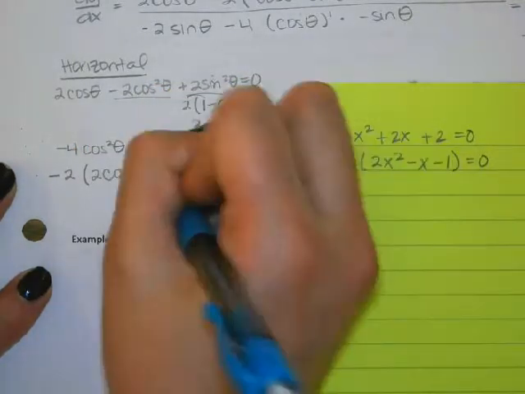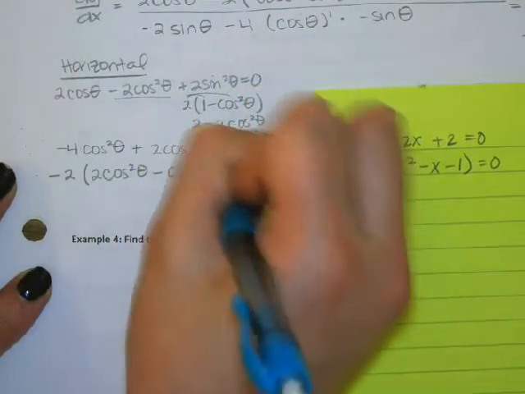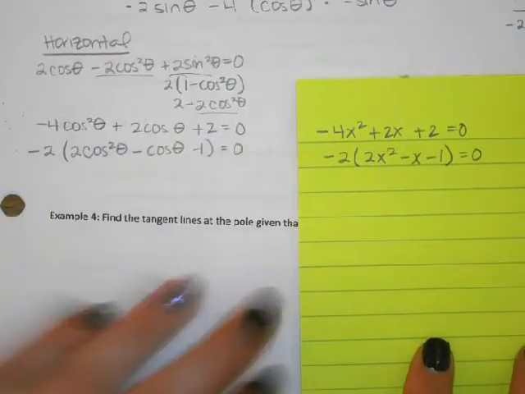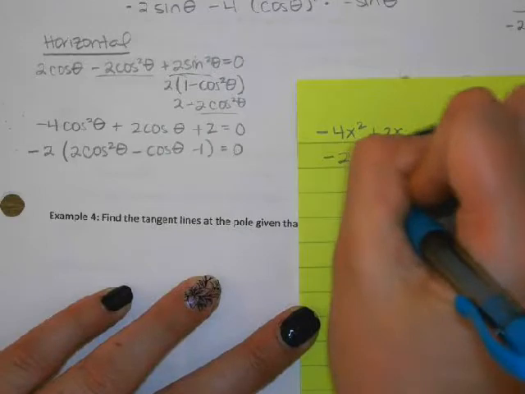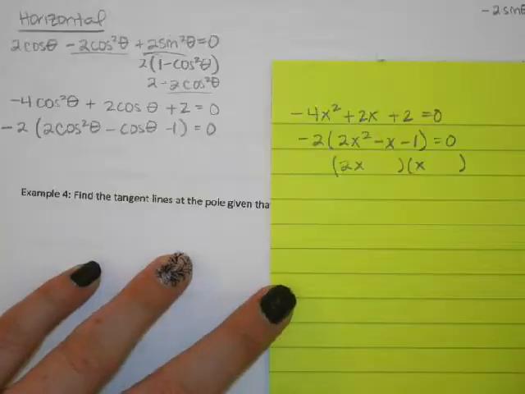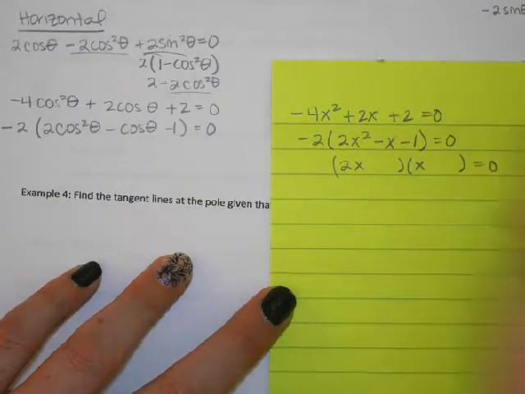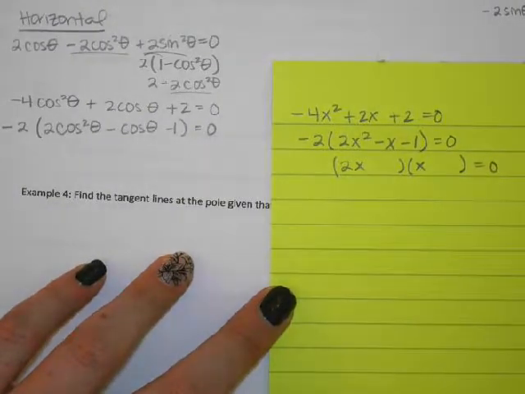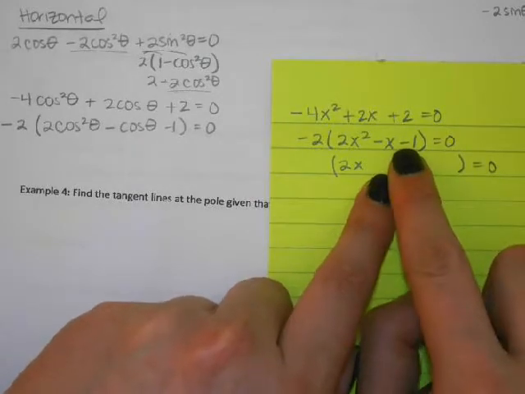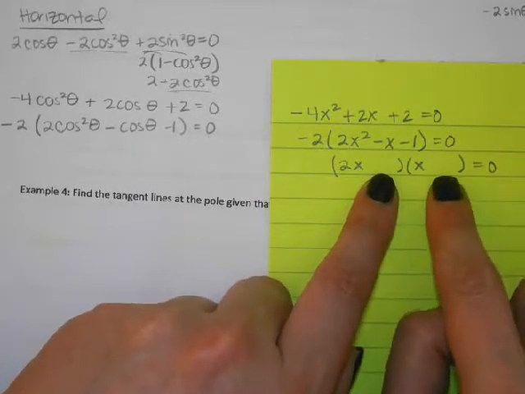Squared minus. That's a good question. And then we would know that if we were factoring this, we'd have one set of parentheses with a 2x and the other would have an x, right? And then somehow these two numbers on the end would have to multiply to be negative 1. So one of them has to be a plus 1, one of them has to be a minus 1.